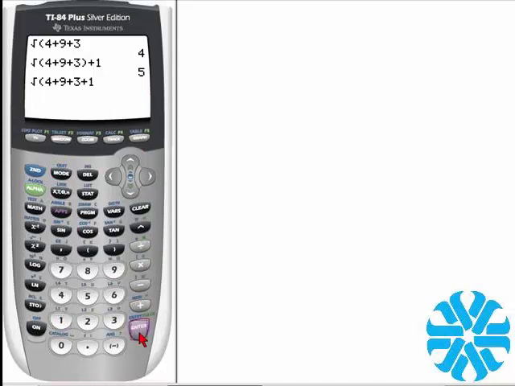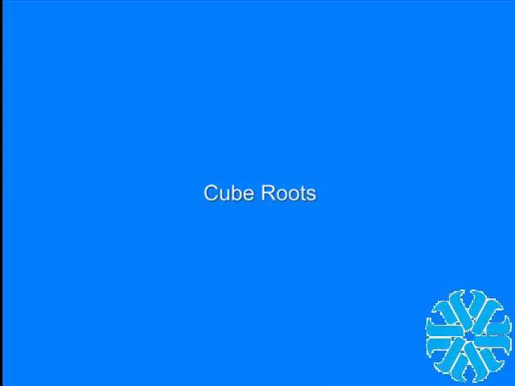It'll be a little bit greater than 4. And there it is, 4.12. So again, that right-hand parenthesis closes the radicand, and any computation after the closing parenthesis will not be in the radicand. Okay? So let's clear the screen.